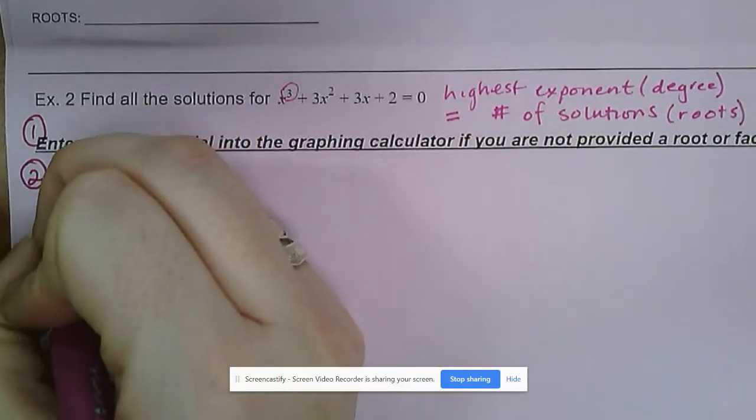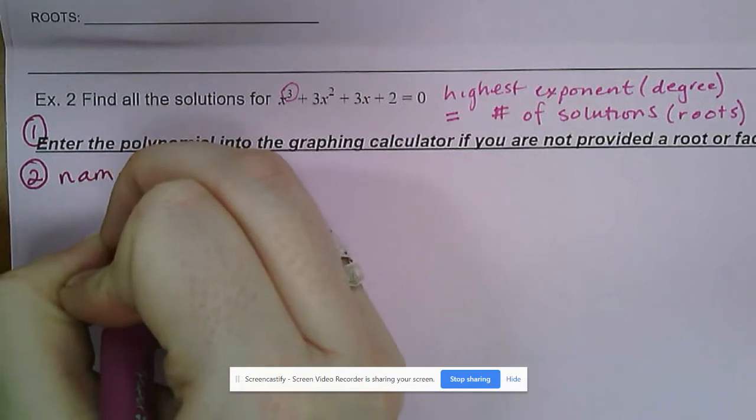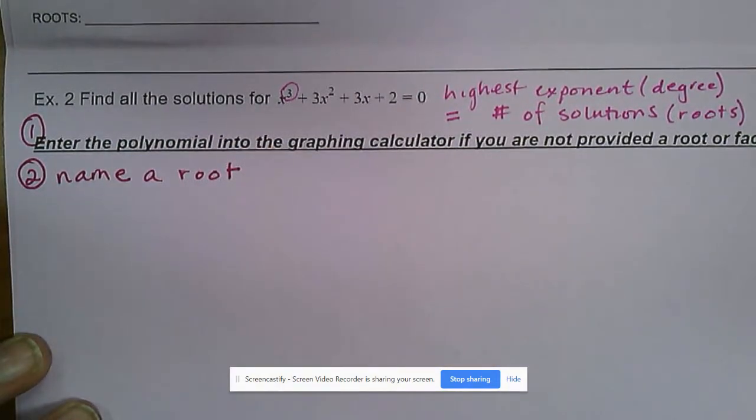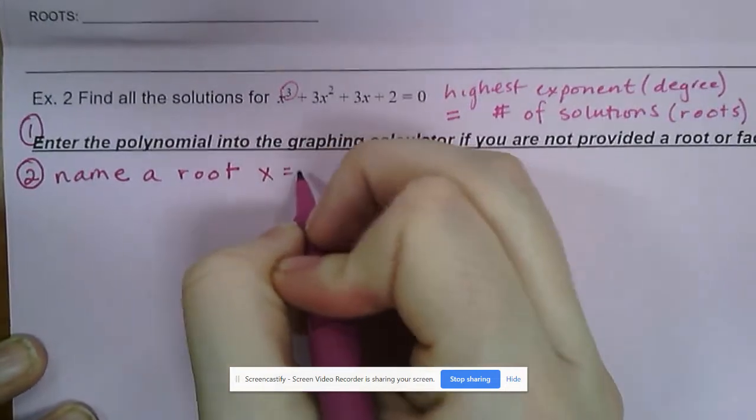Number 2, the next thing is you have to name the root. Now, we've made these problems so that there is at least one integer root that you can find. An integer is a whole number and its opposite. So you should be able to find one nice root. And in this case, we had x equals -2.